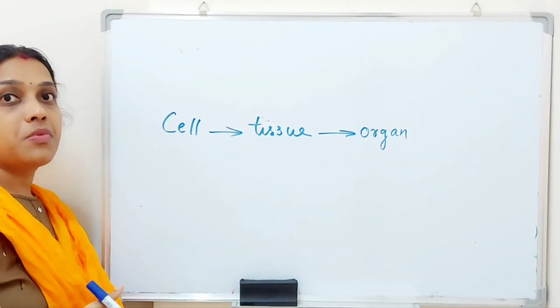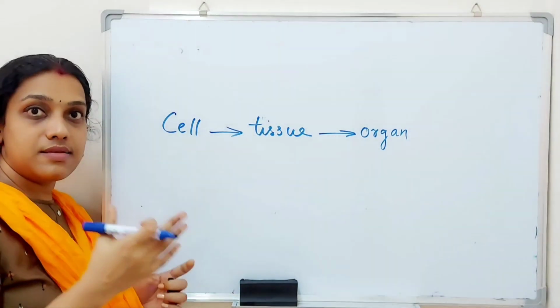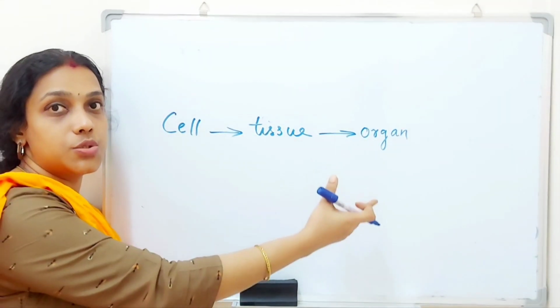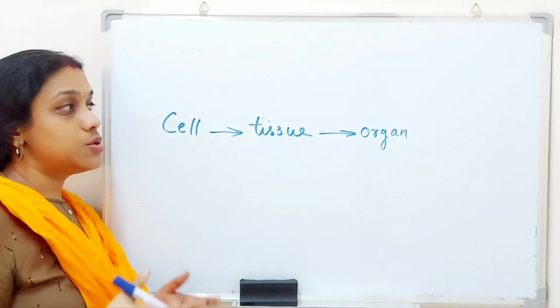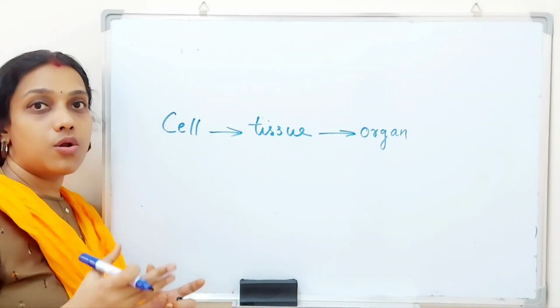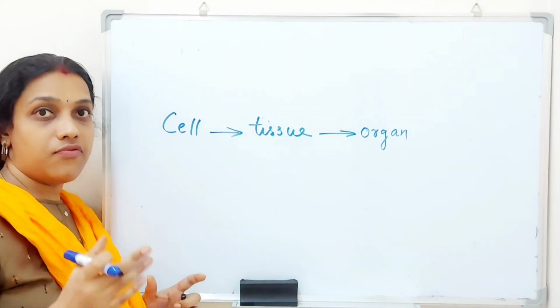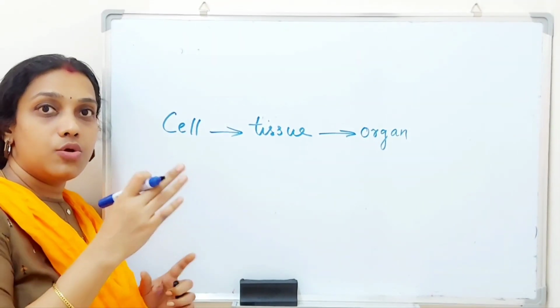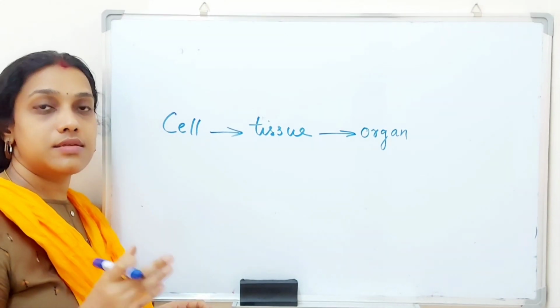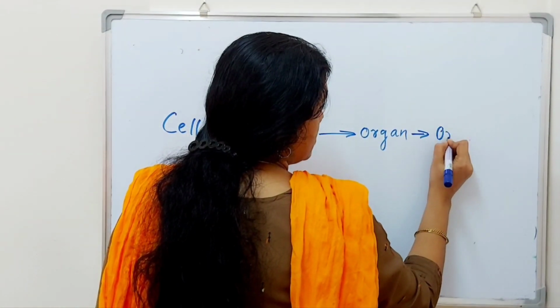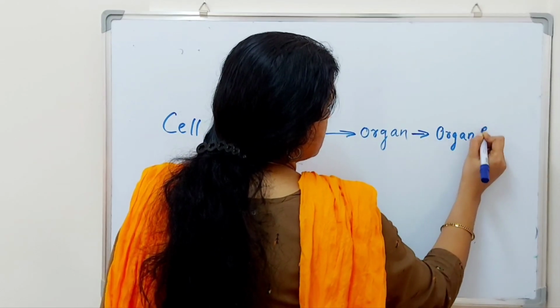Now similar cells will give rise to similar tissues, and similar tissues will give rise to other organs also, right? So other organs will also be formed. Now organs that have similar functions will be grouped to form an organ system. So from the organs, the next stage of development is the organ system.